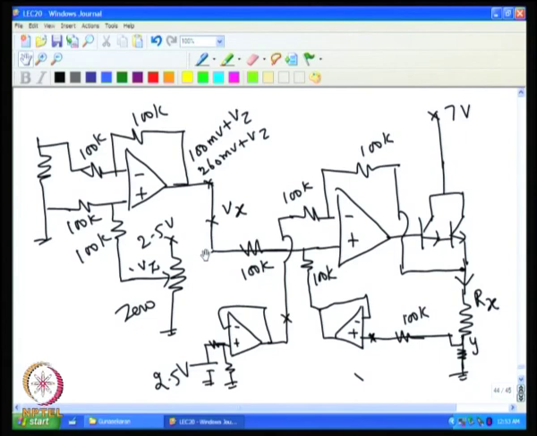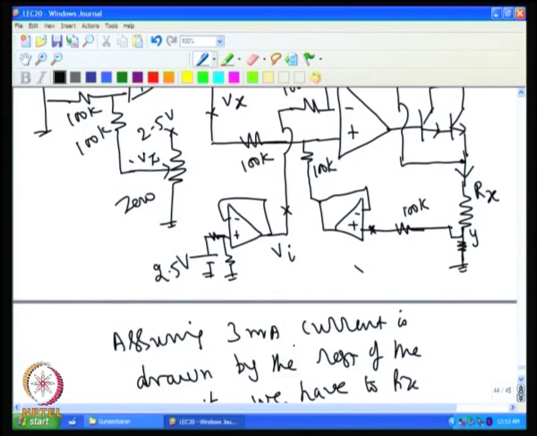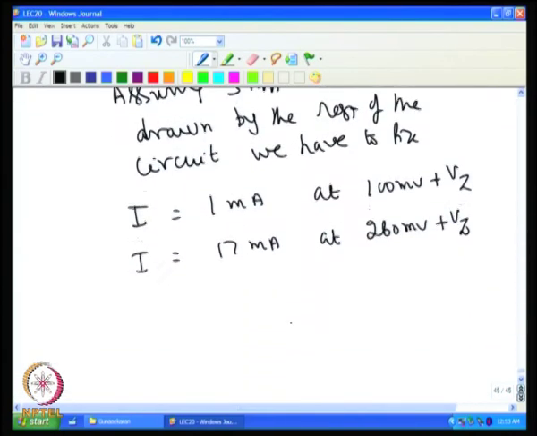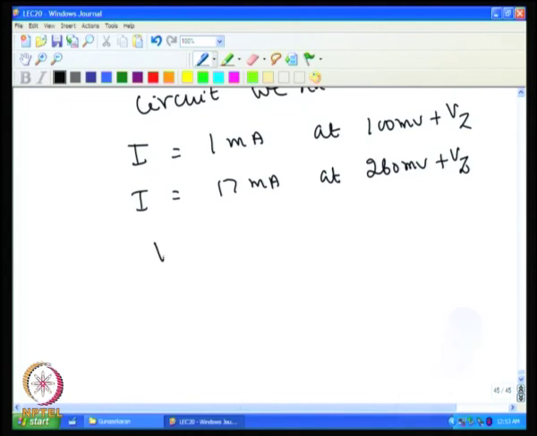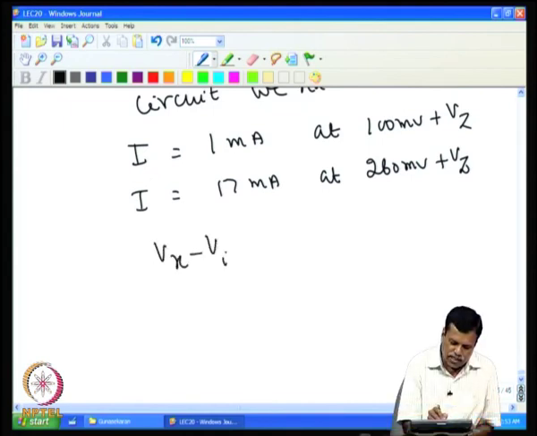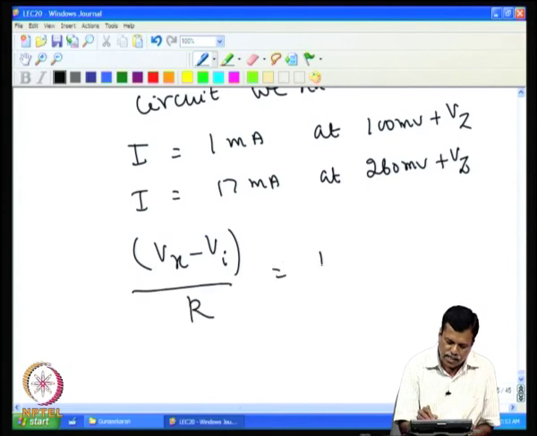The only thing is we have to adjust this voltage Vi to be correctly calculated, such that you get the required voltage. Now, the current is given by Vx minus Vi divided by R, which is coming as I actually.